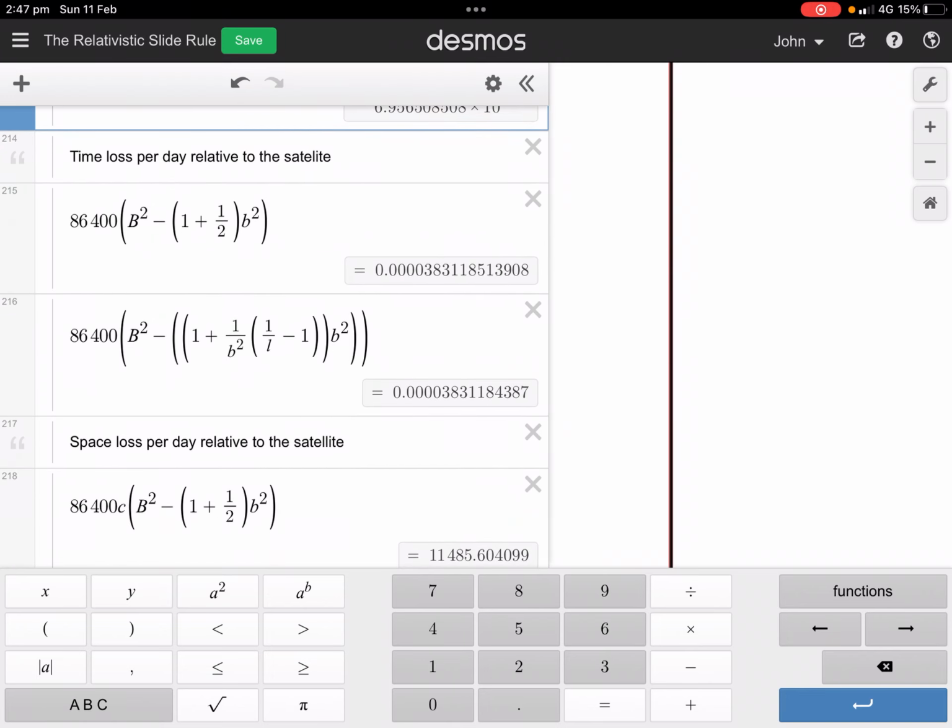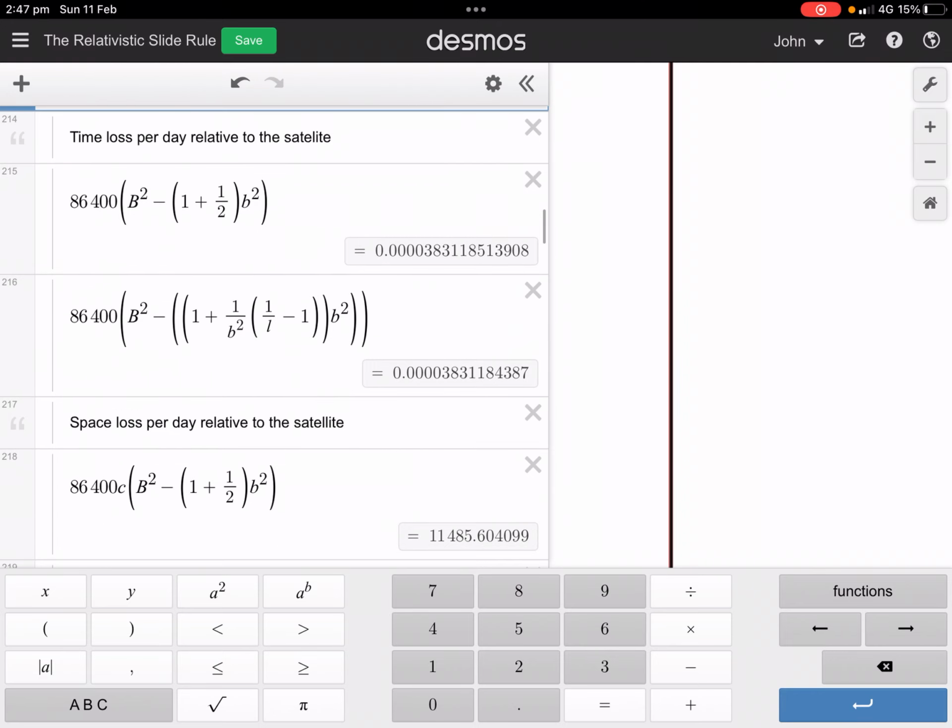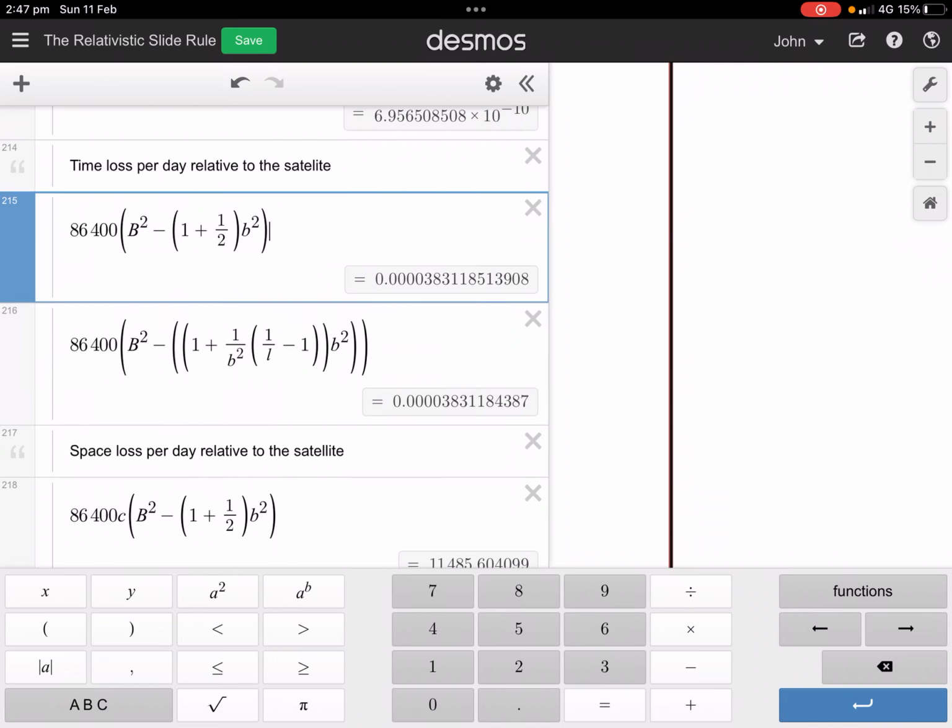So anyway, let's replace this half with the truly relativistic quantity according to the relativistic slide rule, and see how it compares. Well, it's basically the same, about 38 microseconds difference, but the difference is actually slightly less when you put in the true relativistic kinetic energy, because the satellite's clock is actually slowing down slightly more because of this relativistic kinetic energy.